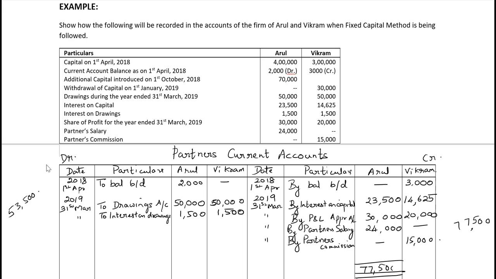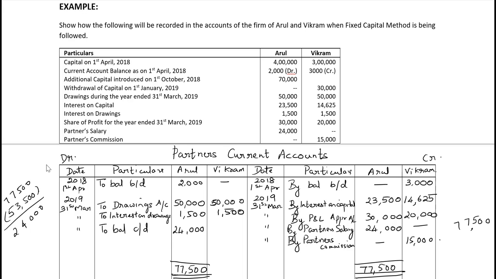Greater total 77,500. Difference is 24,000. Arul has a closing credit balance.